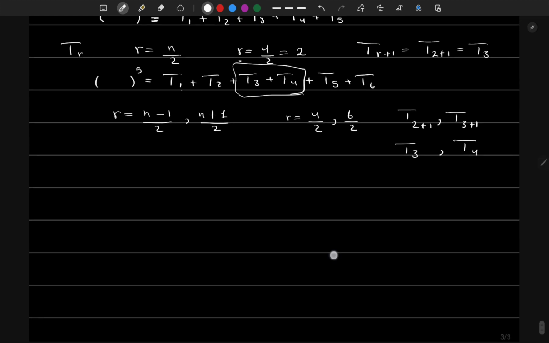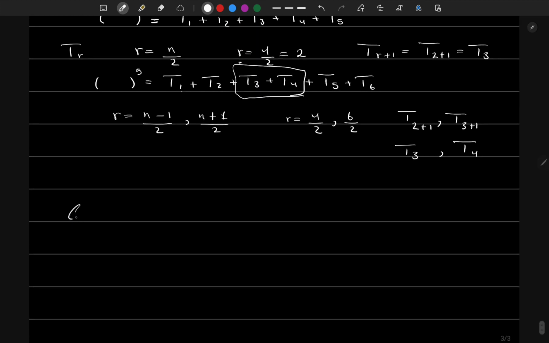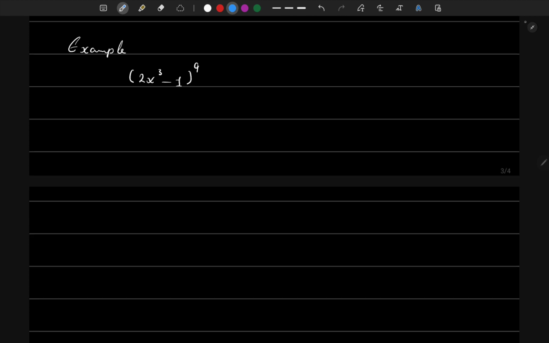Now let's have an example. If I have the expression 2x cubed minus 1 to the power of 9.